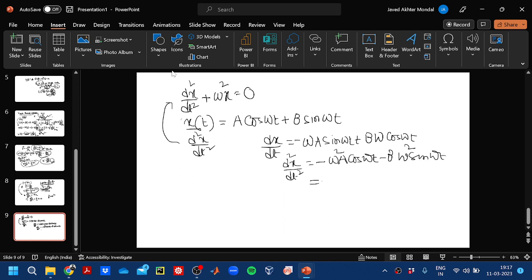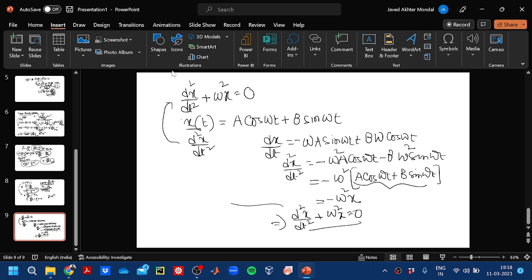So we can take this omega squared common, and what is left here is a cos omega t plus b sine omega t. Now this is our value of x, so we can write this as minus omega squared x. So from here we get d2x/dt squared plus omega squared x equal to 0, which is our original equation. So that means this is the solution of our equation.